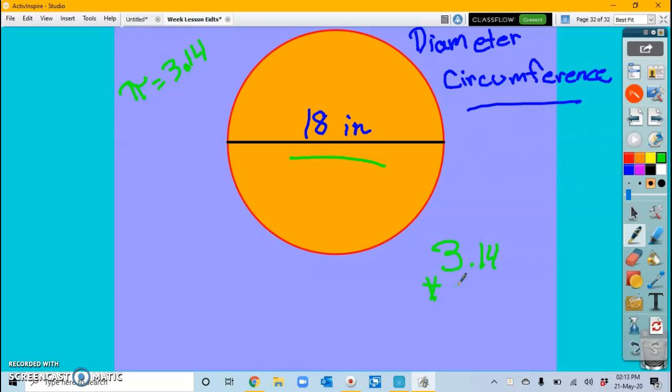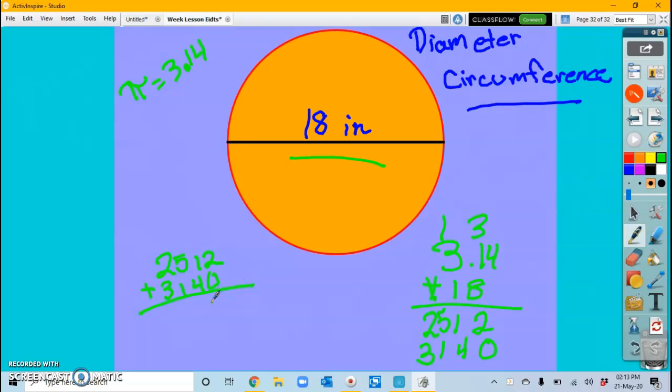So 3.14 times 18. 8 times 4 is 32, 8 times 1 is 8, plus 3 is 11, 8 times 3 is 24, plus 1 is 25, 0 on the bottom, then 4, 1, 3. So now we will add, and we get 2, 5, 6 and make sure you move your decimal 2 times.